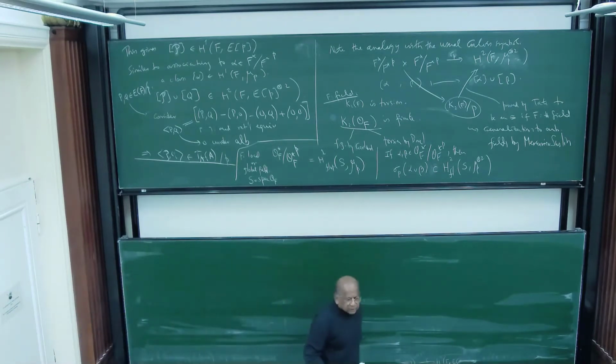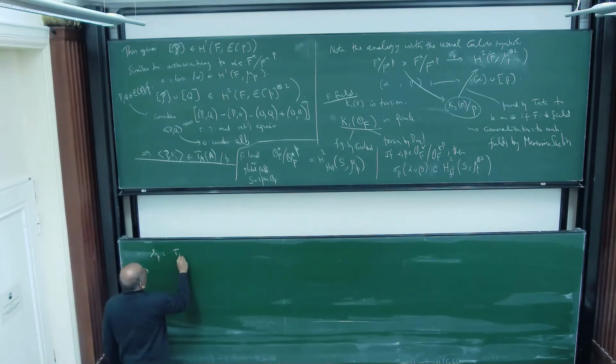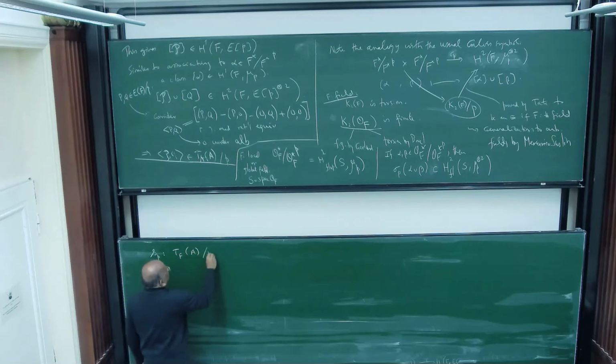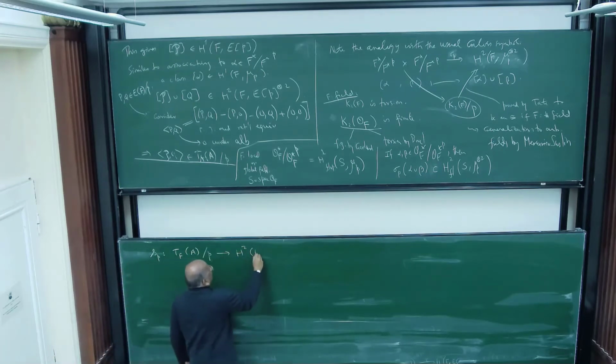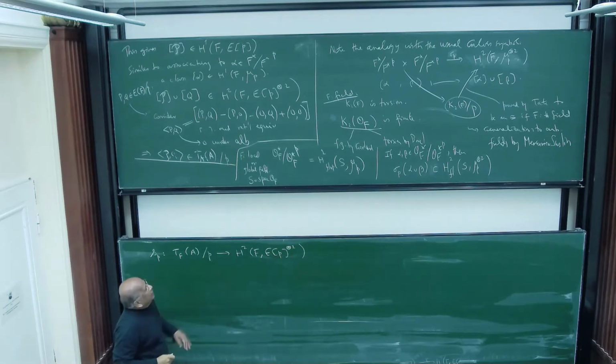Okay, this is just to stress the analogy. So what one can prove here is that we have this Galois symbol map from E of F mod p to H2 of F. This is one of the reasons I want to work with number fields or local fields.